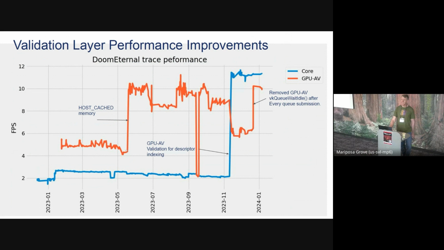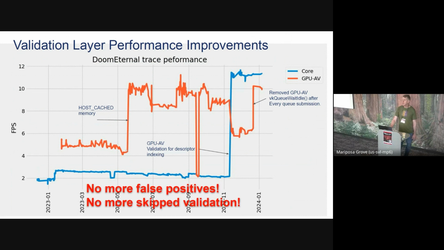Other applications didn't take as big of a hit because they enabled update after bind, or they had a case where we just skip all this validation entirely, so we wouldn't tell you about any of the errors related to descriptors in your draw calls, and that gives you good performance, but would give you no coverage. So now that this is in place, we have fewer false positives, no skipped validation, better performance.